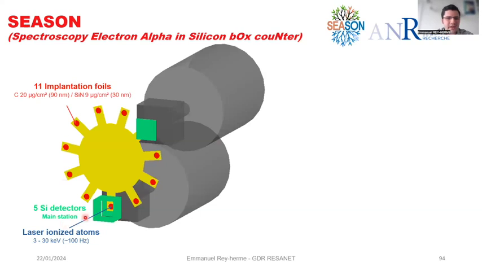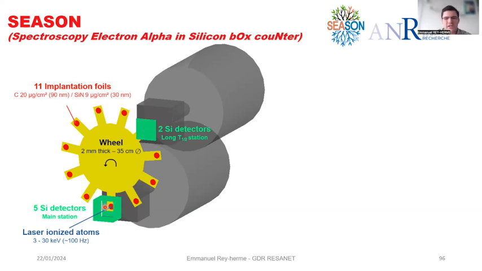And the ions are implanted on one of 11 implantation foils. And those implantation foils are mounted on a wheel so that when the laser frequency changes, the wheel can rotate and the foil that was initially here in the main station will be moved there into a secondary station.